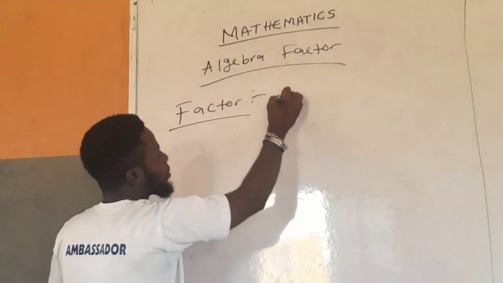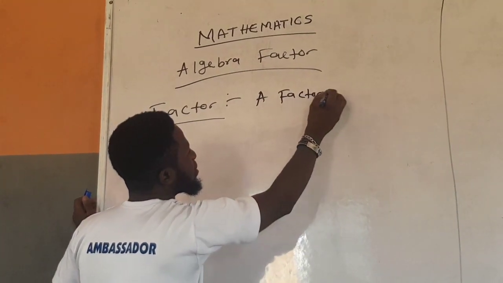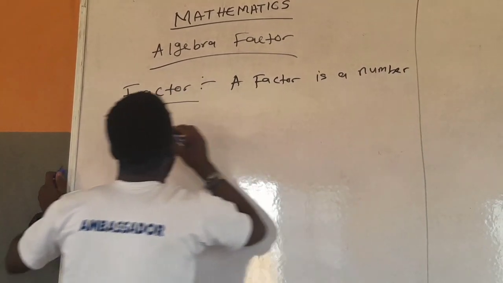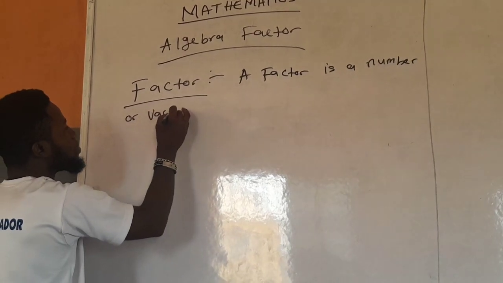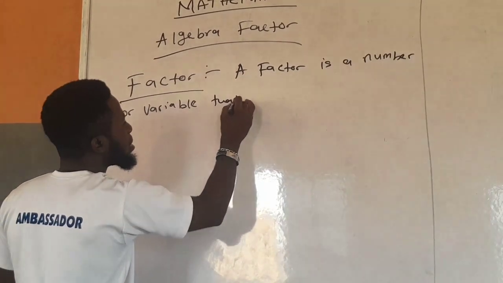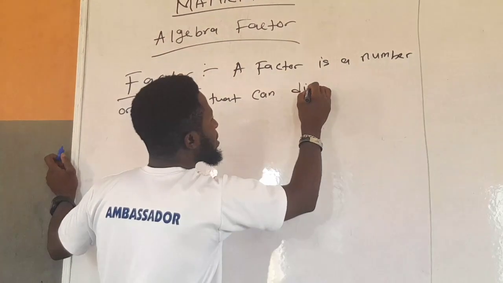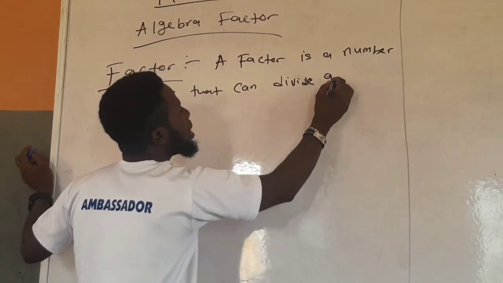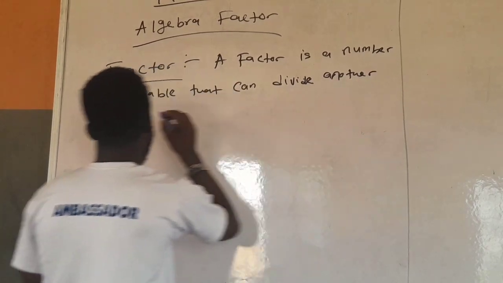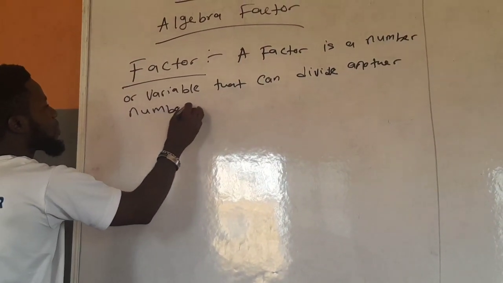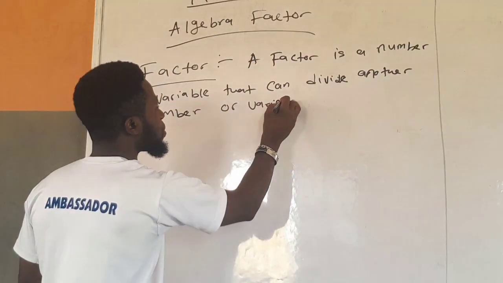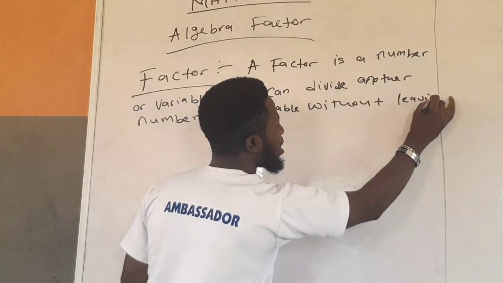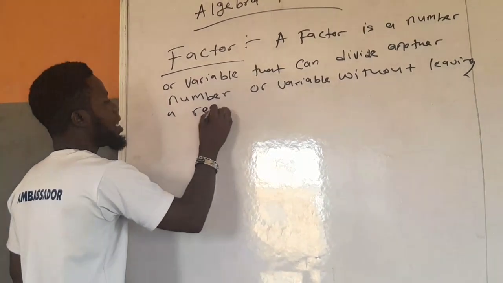A factor is a number or variable that can divide another number or variable without leaving a remainder.